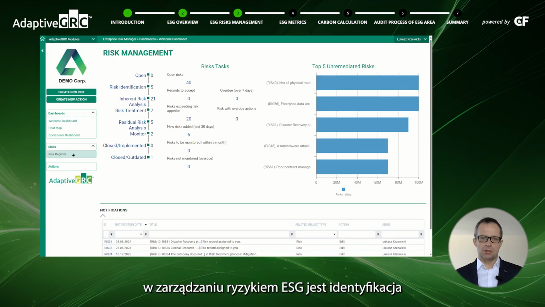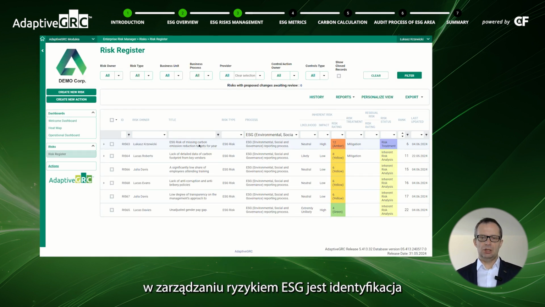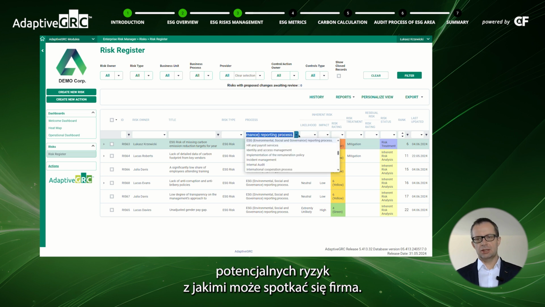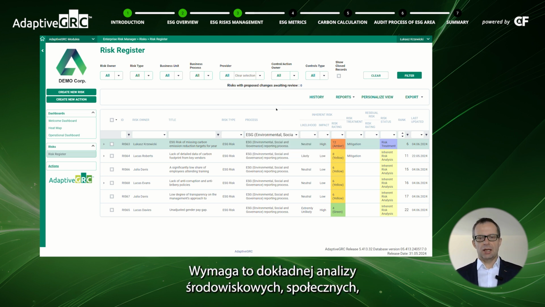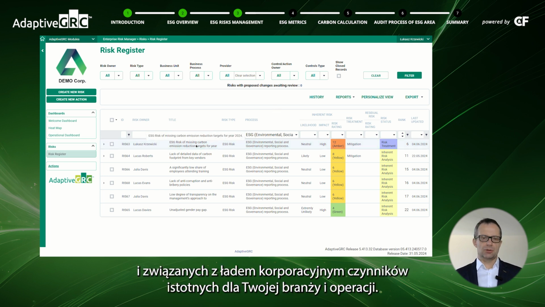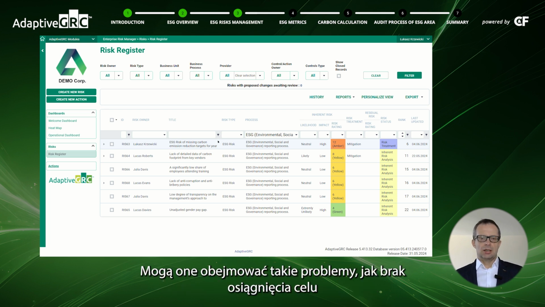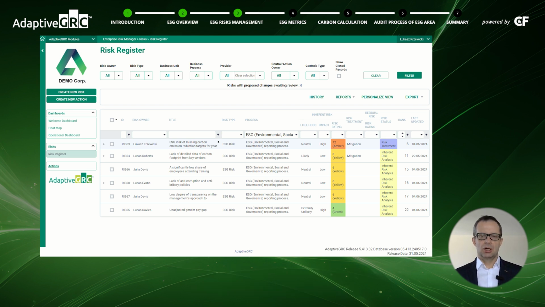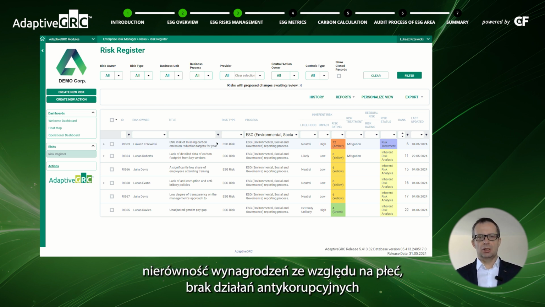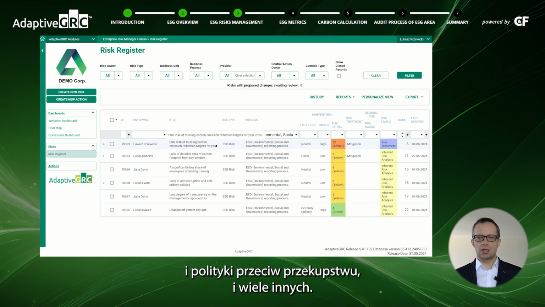The first step in ESG risk management is to identify the potential risks that the company may face. This requires a thorough analysis of the environmental, social, and governance factors relevant to your industry and operations. These can include issues such as missing carbon reduction targets that affect an organization's carbon footprint, gender pay inequity, lack of anti-corruption and anti-bribery policies, and many others.